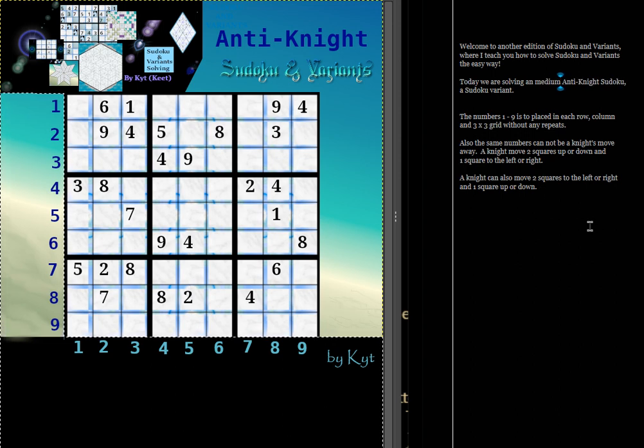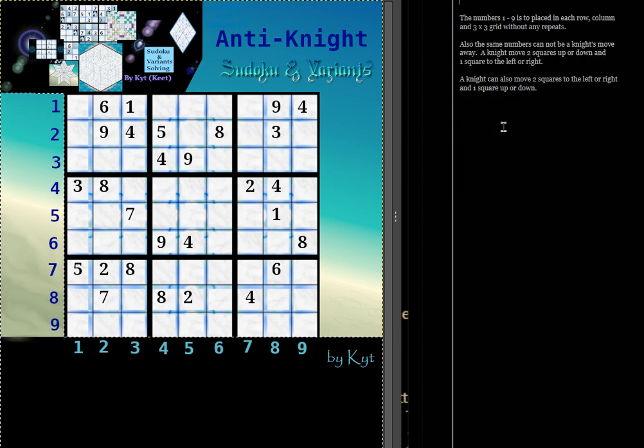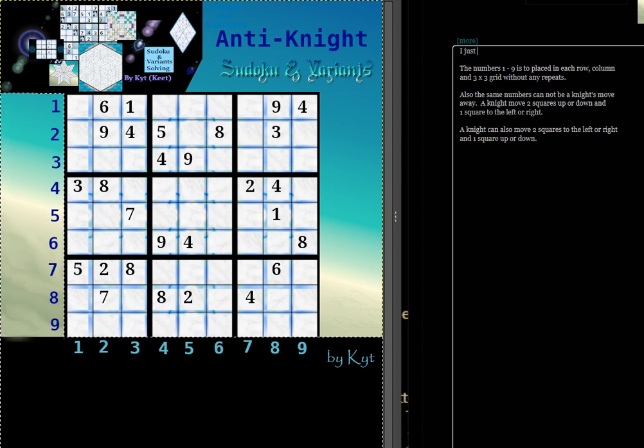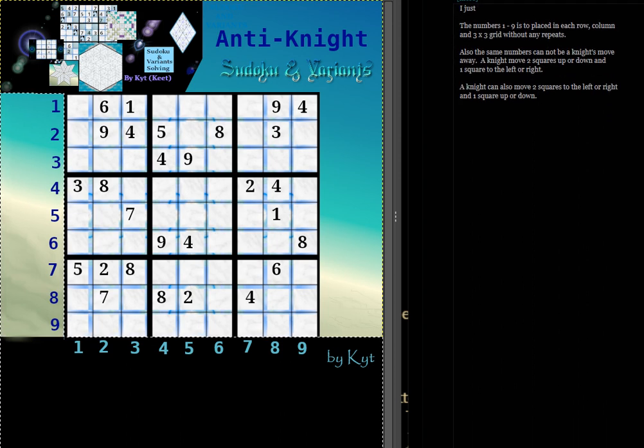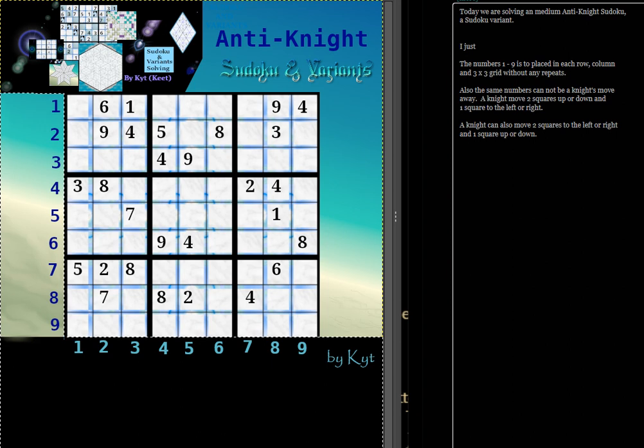And tonight, a Sudoku variant. Come on, what are you doing? Just solved a medium one and it took 2 hours.